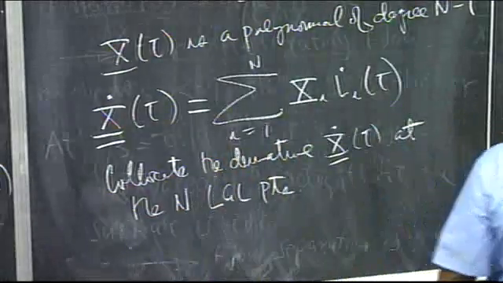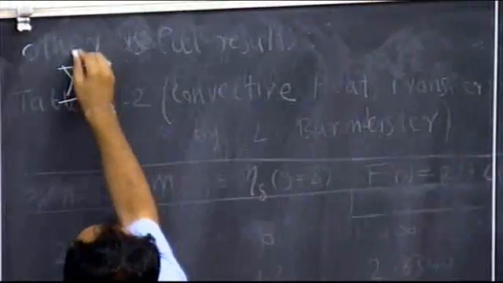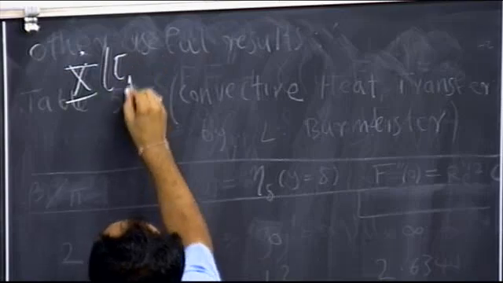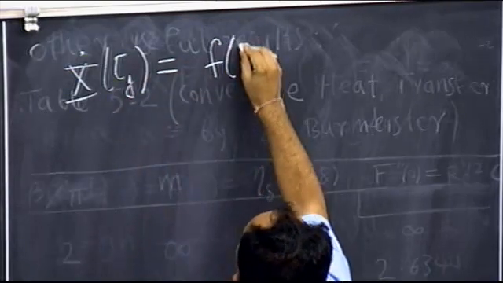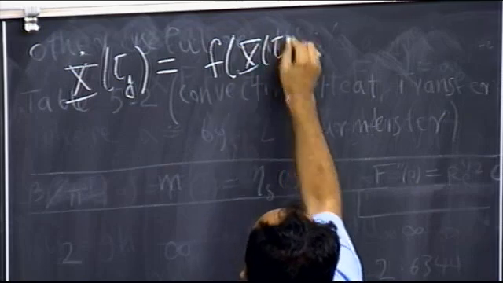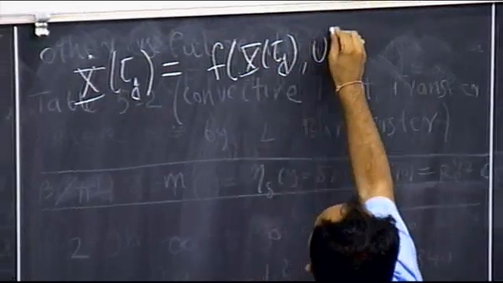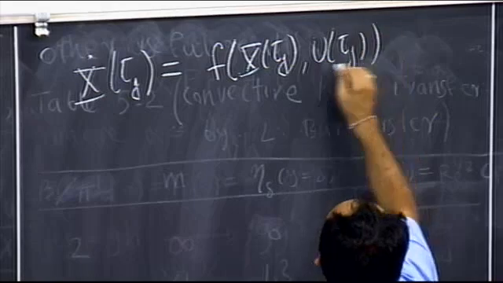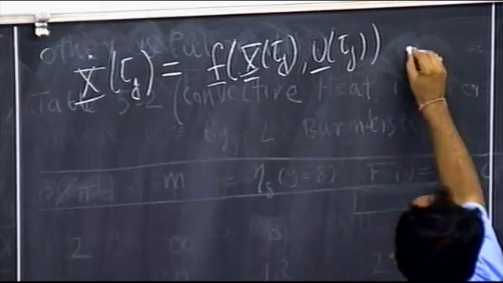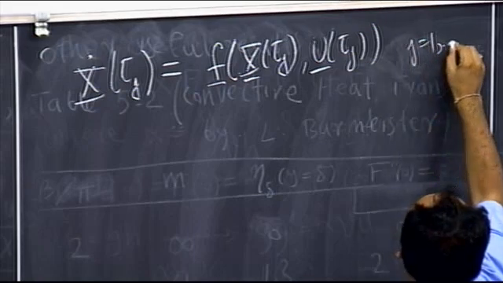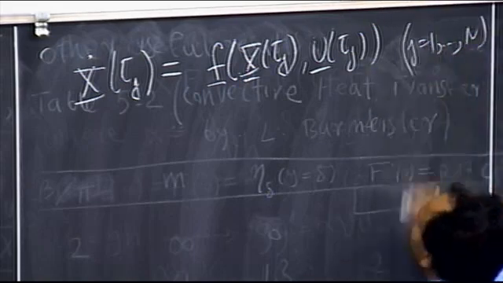So what you get is you get x dot of tau_j is equal to f of x of tau_j, u of tau_j, for j equals 1 to n.